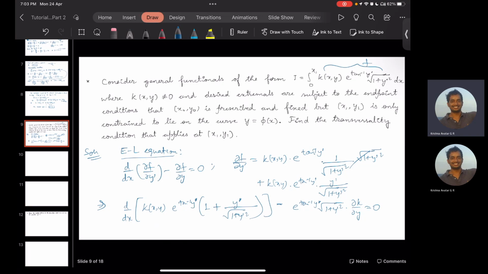This is root over 1. No, not root, it's just fine. So this cancels out to give us something else. So this will just come out to be 1 by y prime squared, is it not?